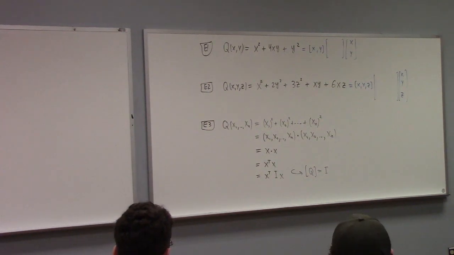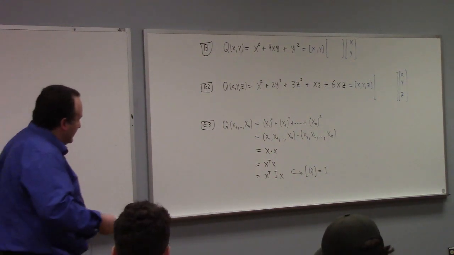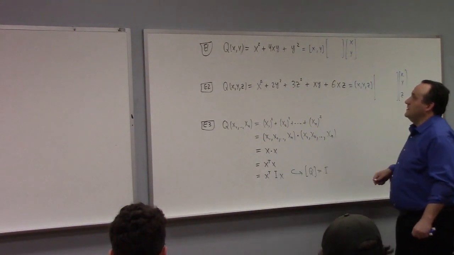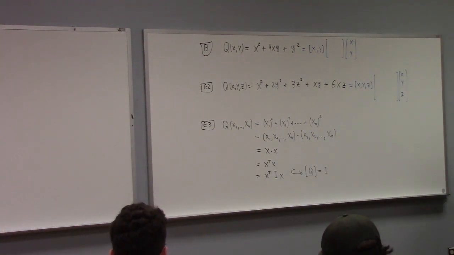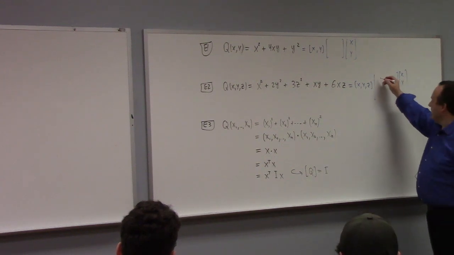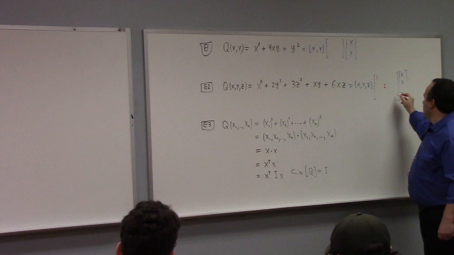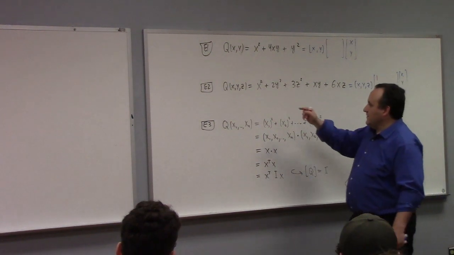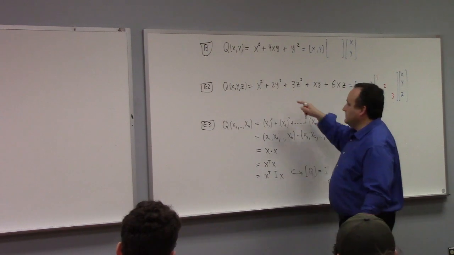These problems very well could have been introduced to you when we were doing matrix multiplication, because that's all that's really going on here. This is a question of matrix multiplication. Anybody figure it out? One, two, three. That's because there's a 1 here, a 2 there, a 3 there, right?